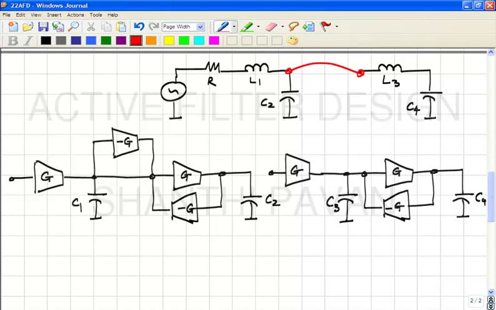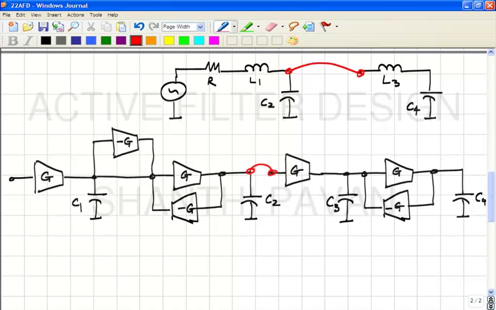So, we had a second order network, now we will have a fourth order network in the passive structure. So, then you might say, okay, C2 is like this, the input to the next section is like this, so I will join these two, correct. So, is this okay or not?